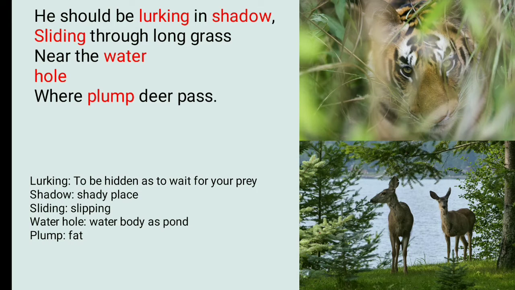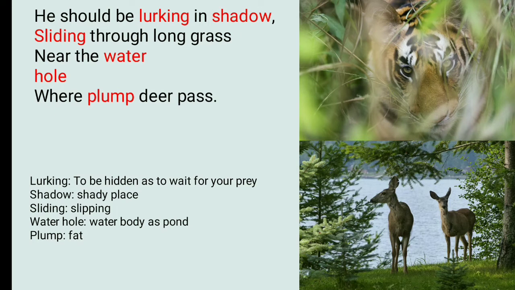But here the poet has tried to present the situation when that tiger would be inside the forest, in his natural habitat, in his own surroundings where he feels comfortable. So at that time, what he should be doing there is very beautifully presented in this stanza.